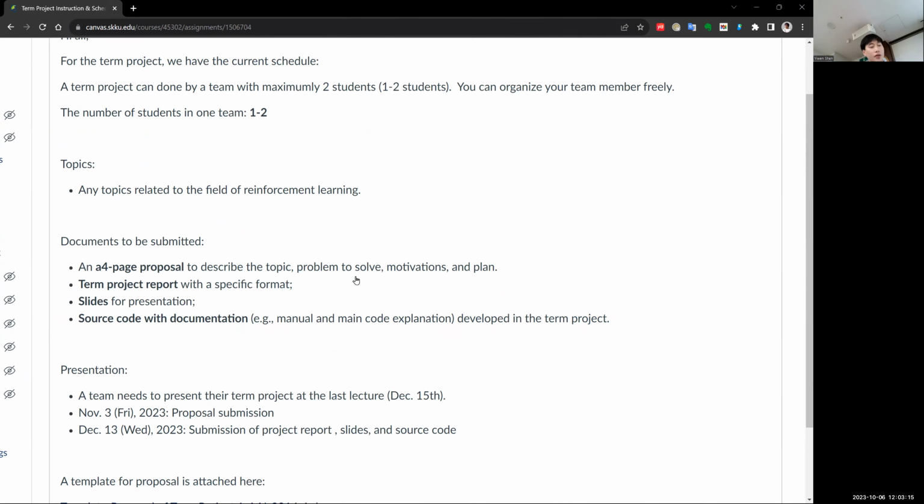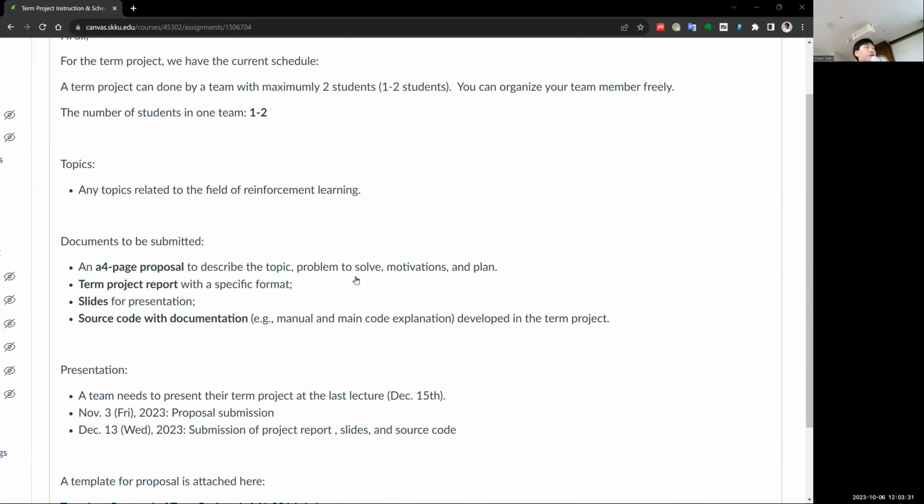Maximum you can have 2 students to organize the team, and any topics related to the field of reinforcement learning, you can work on.